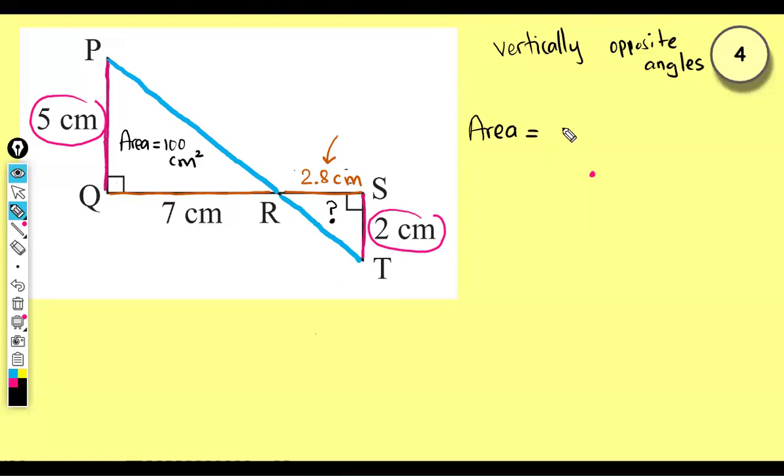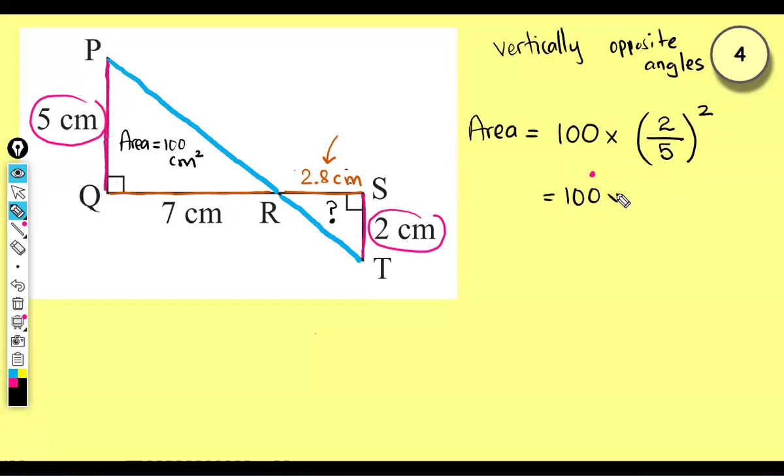We take the area that they give us, which is 100, and we multiply by a fraction in brackets squared. If we're trying to get a smaller value, the smaller value has to go on top, which is the 2, and the larger value has to go underneath.